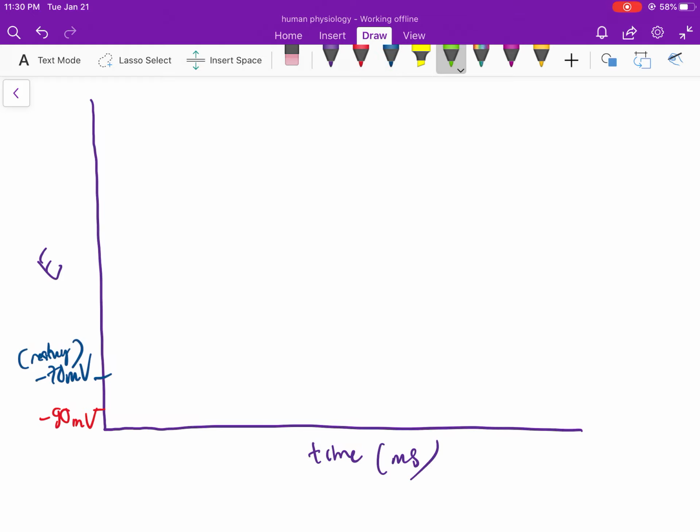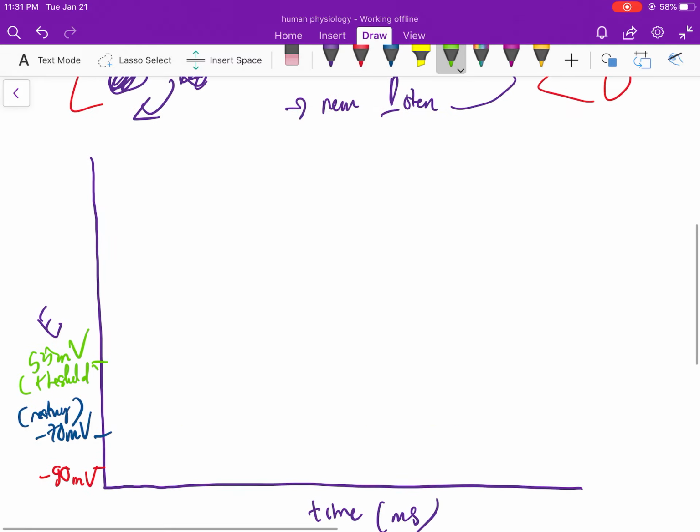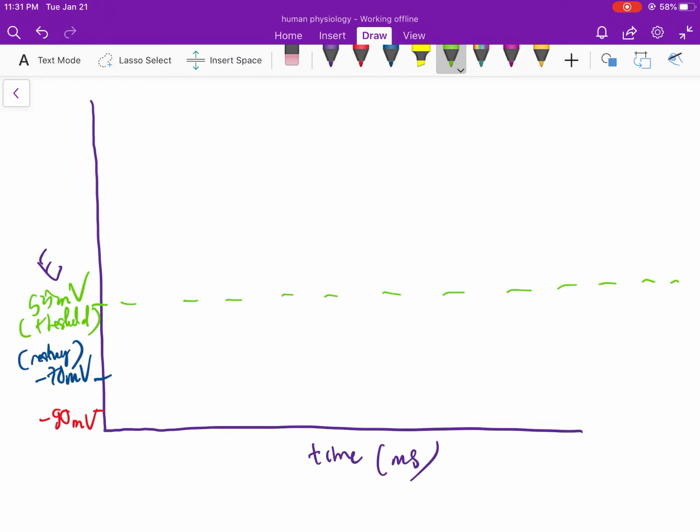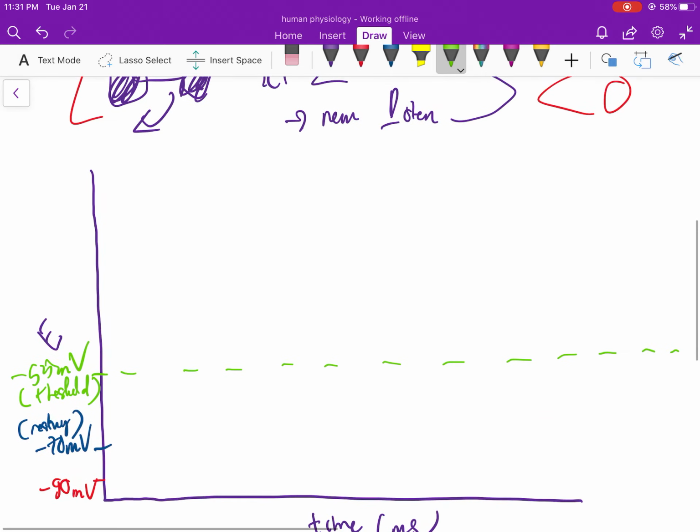And then there's negative 55 millivolts, which is the threshold. The threshold means that if our graded potential or any stimulus reaches this point of negative 55, then this will create an action potential.